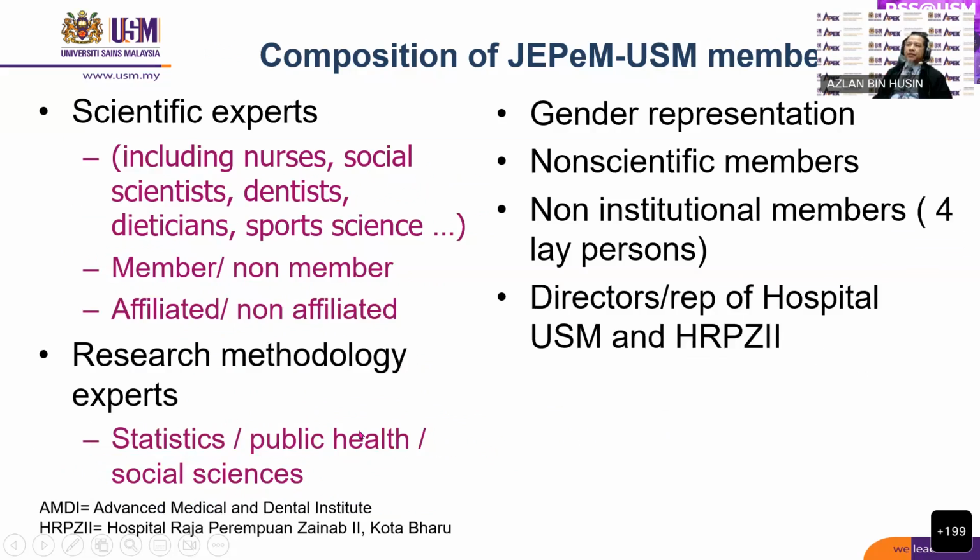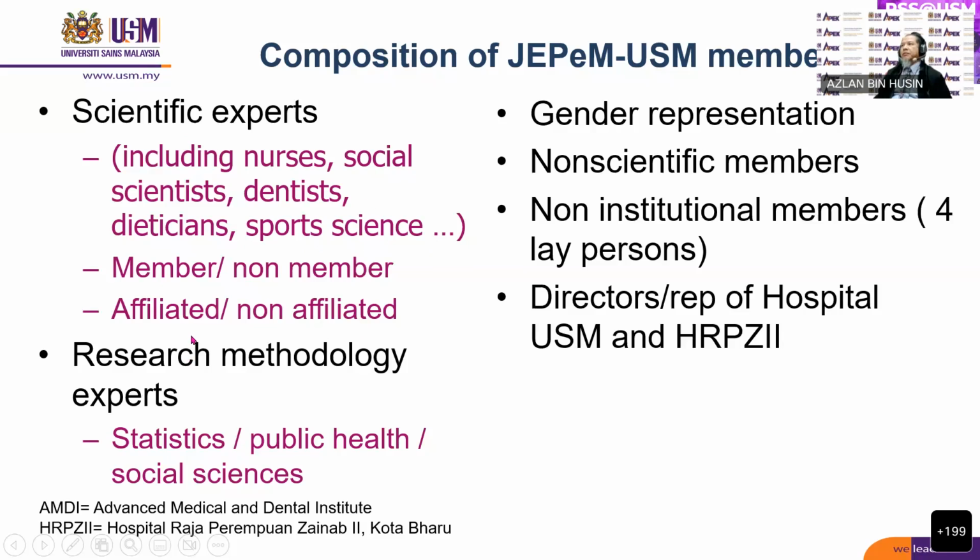So the composition of JEPeM members is of members coming from a span of different research areas. There could be nurses, social scientists, a dentist, dietitian, and not only medical doctors, and also sports science, and they can be affiliated to USM, or can be non-affiliated.